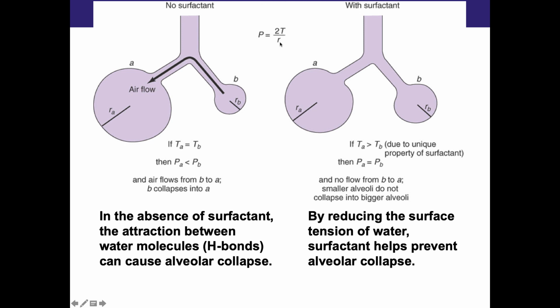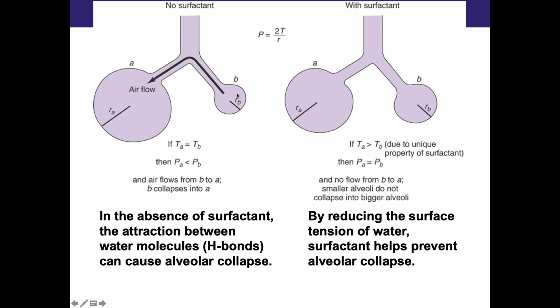Okay? So usually, if no surfactant is on board, you're not secreting surfactant, you have different sizes of alveoli. What's going to happen, because surface tension is equal, right? The surface tension in A is exactly the same as the surface tension in B, because there's no surfactant.